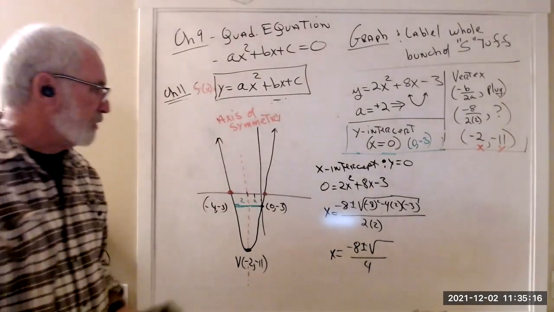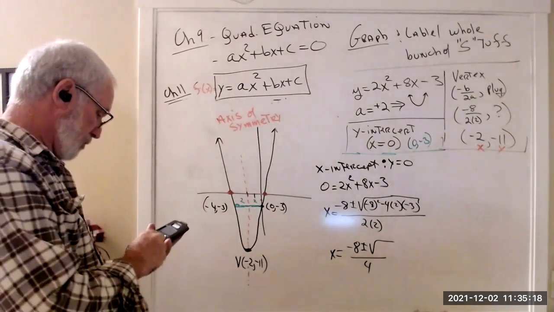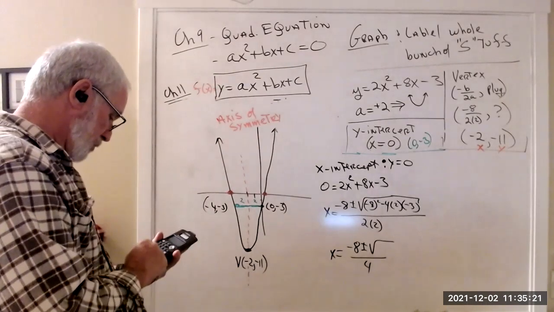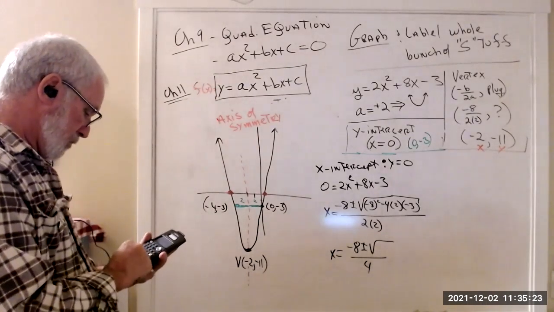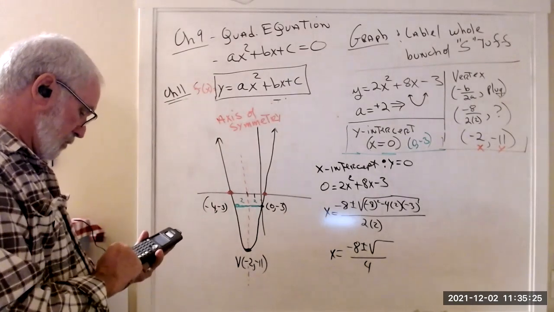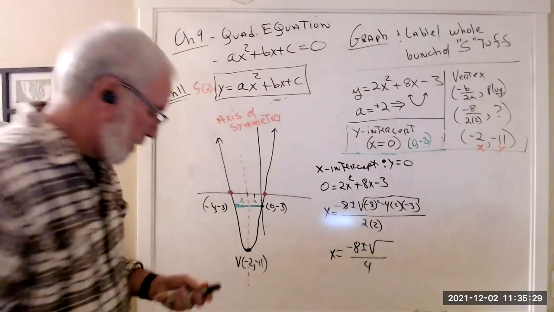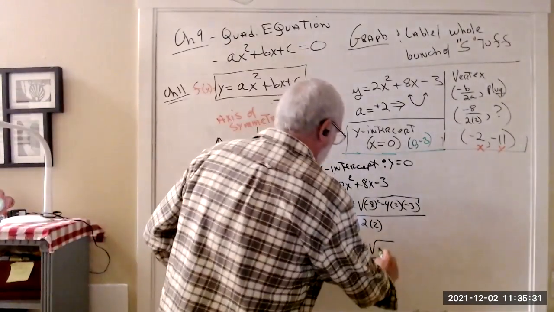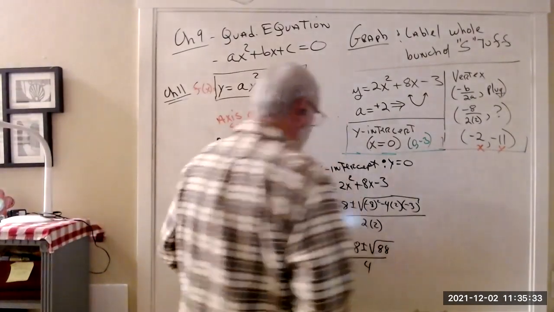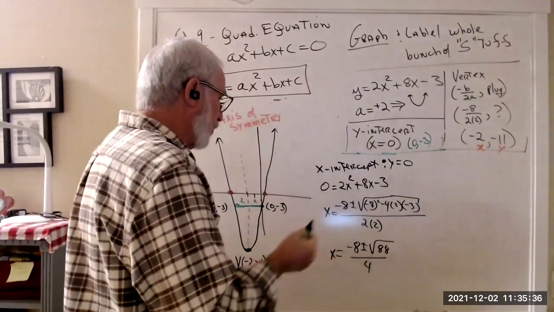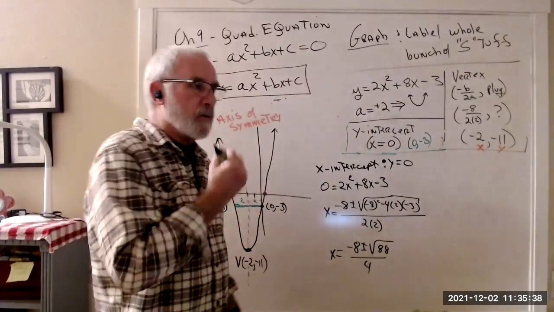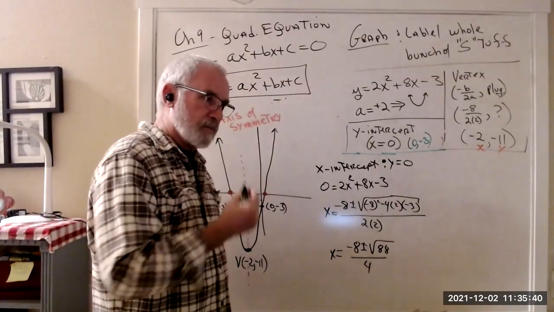Oh, I don't trust myself. Okay, so this is square root of 88. I think I did that right. 64, yeah. Okay. Now, I want to show you something.